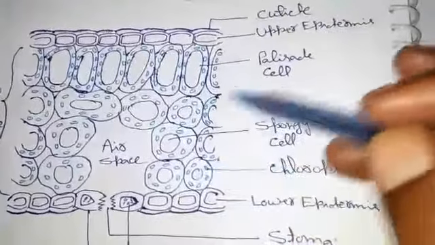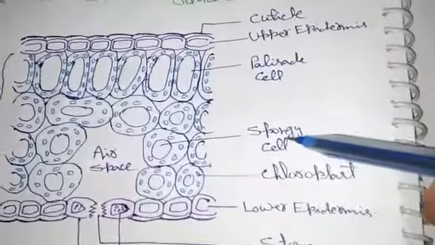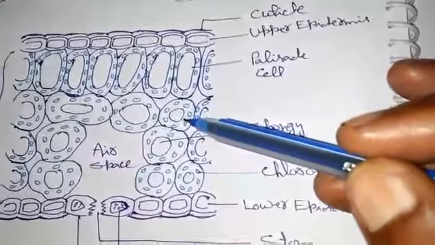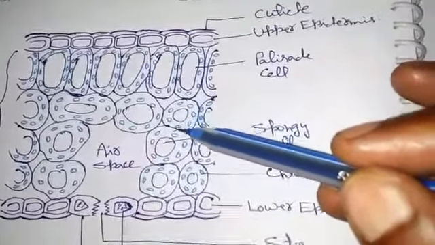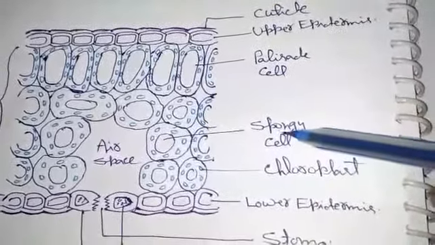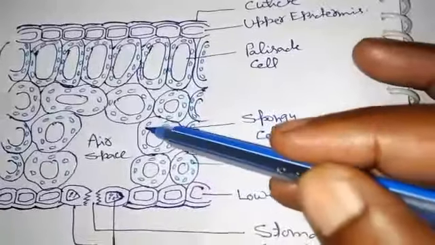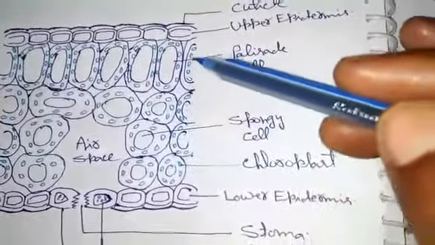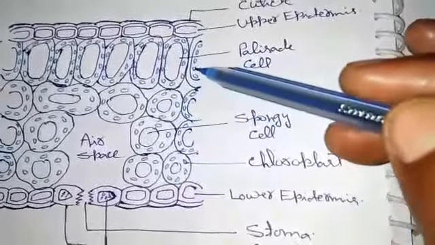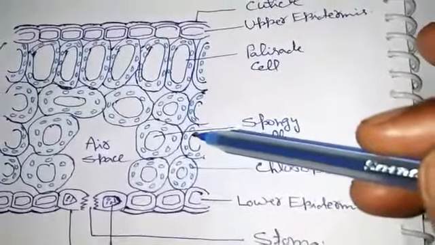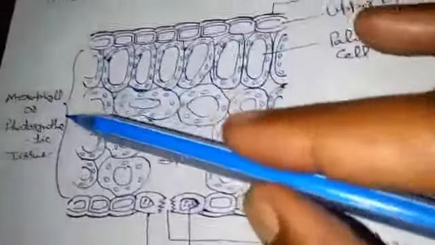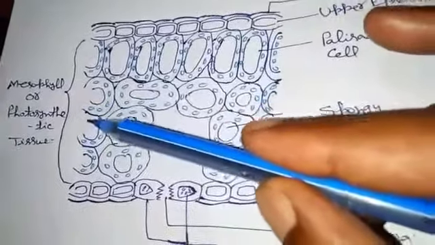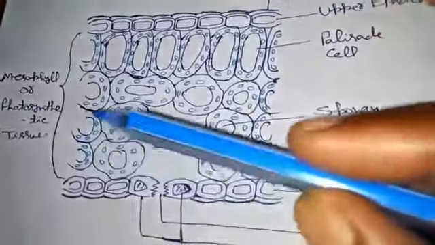These structures are chloroplasts. And below the palisade cell, circular cells are present. These cells are called spongy cells, and between the spongy cells, chloroplast is also present. Both types of cells, palisade cells and spongy cells, are collectively called mesophyll cells, mesophyll tissue or photosynthetic tissue.